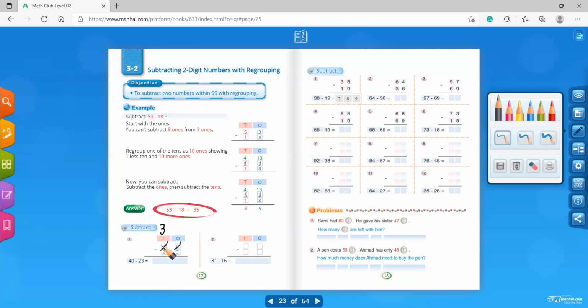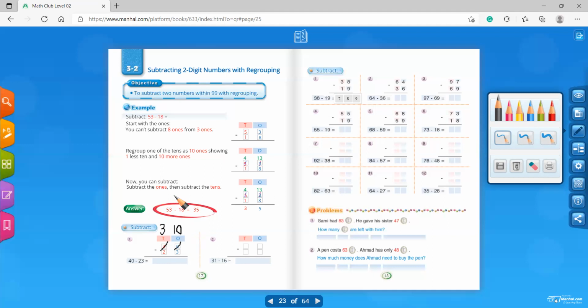The 1 that we took from the 4 will go to the 0. We will regroup the 1 with the 0. That means the 1 will become 10. Excuse my handwriting because I am using the mouse.